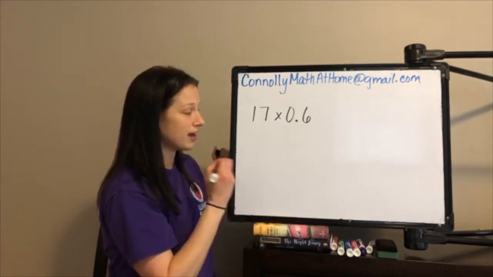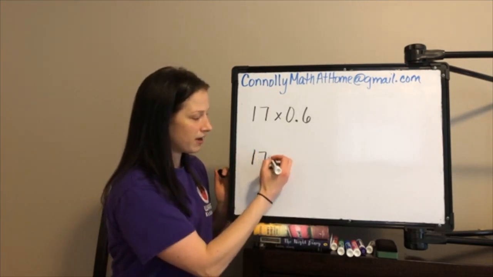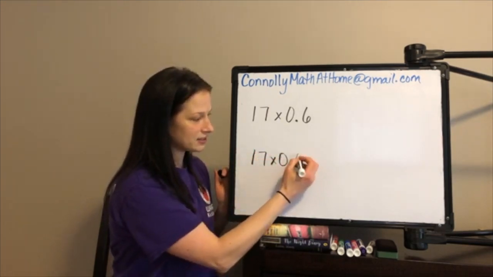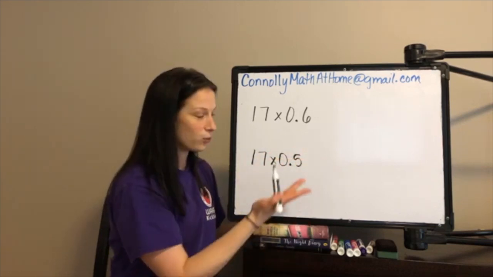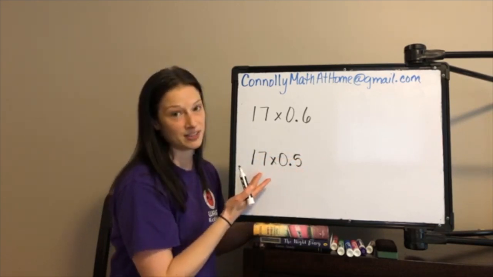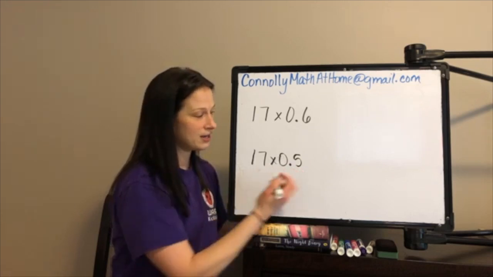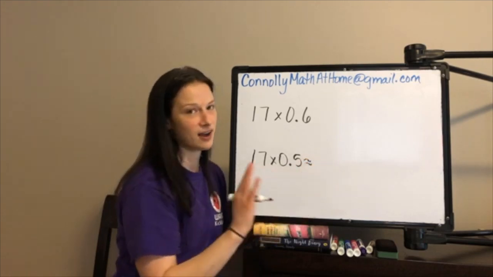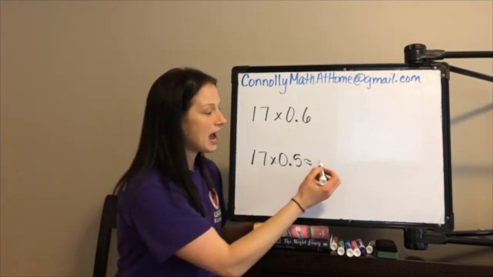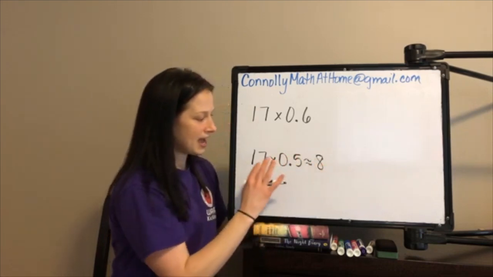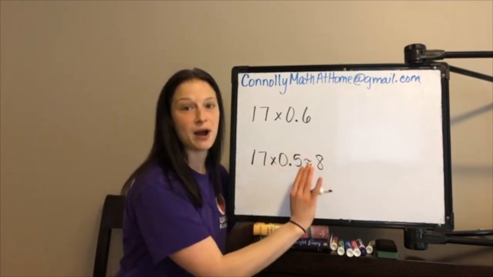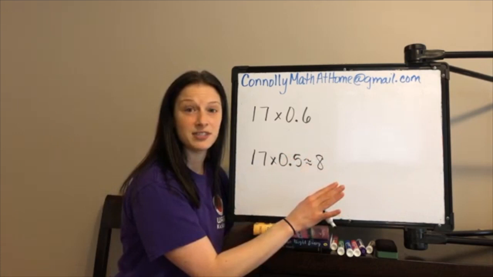So if I wanted to round this, I could think about 17 groups of 5/10, or what is half of 17? Okay, so I might say, I'm not going to go exact here, everybody. I'm going to say that I know that half of 17 is around the number 8, because I know that's half of 16.